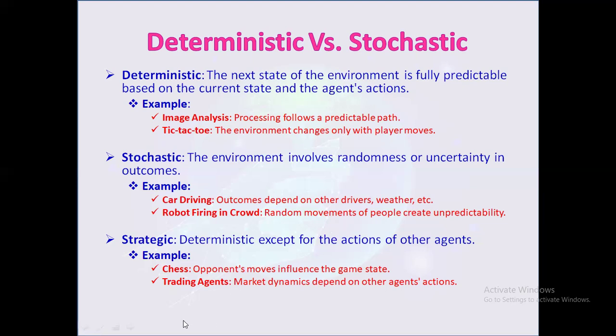Another example is trading agents in the financial market. The environment may follow deterministic rules, but the actions of other traders and market dynamics introduce a level of uncertainty, requiring agents to predict and react to other strategies.